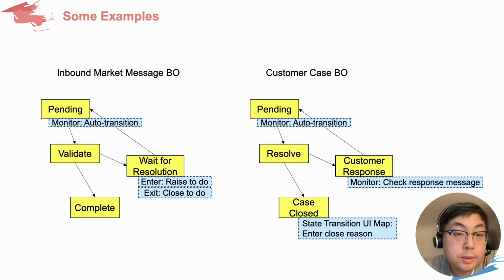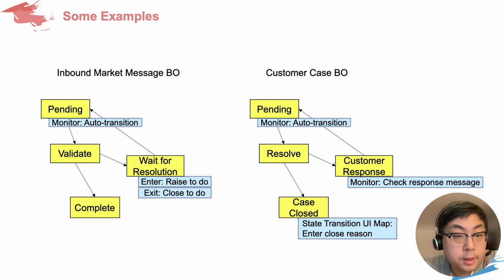Once that is fully resolved, the user could be closing the case, and basically from the resolved state, the user says, I want to close, and moves to case closed status.